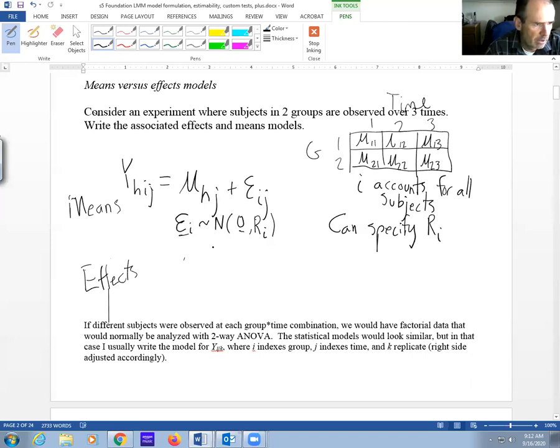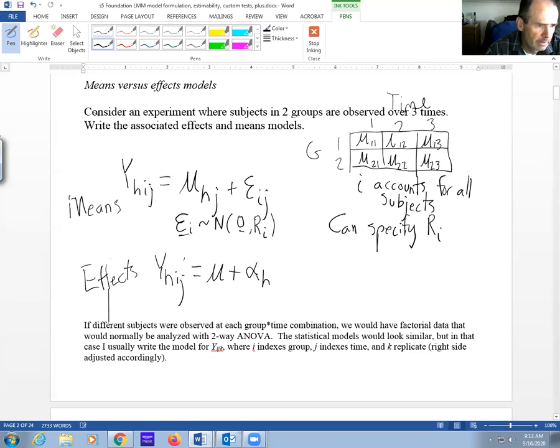So for this model, we start out with the same outcome, Y_hij, but instead of writing mu, just an overall mean, we can break that down into mu, and then we have some effect for group.